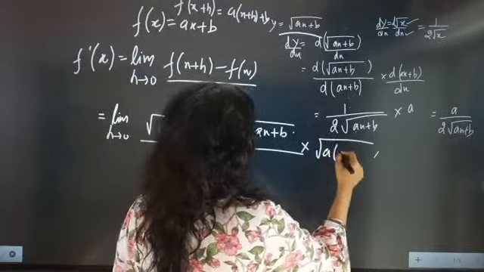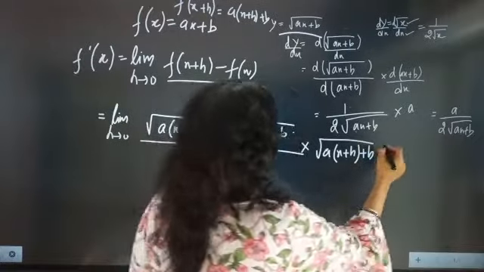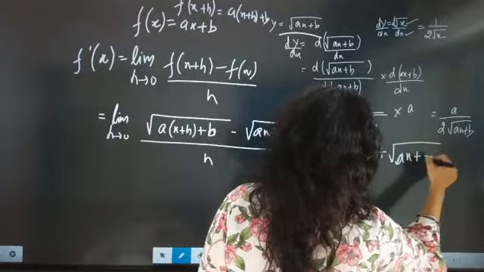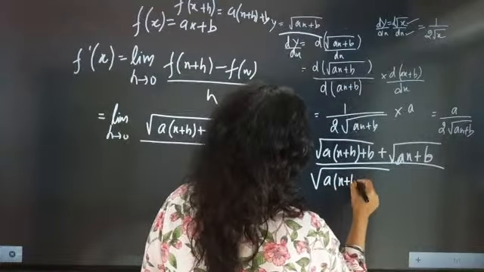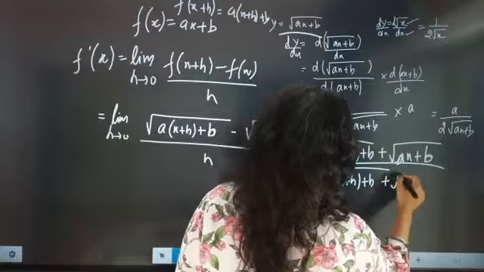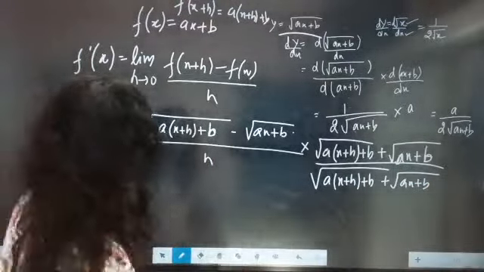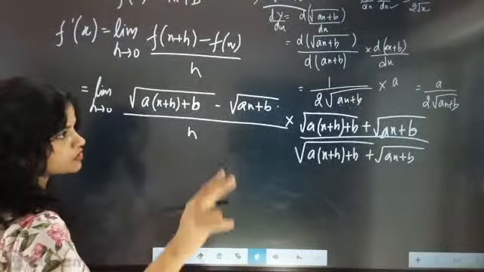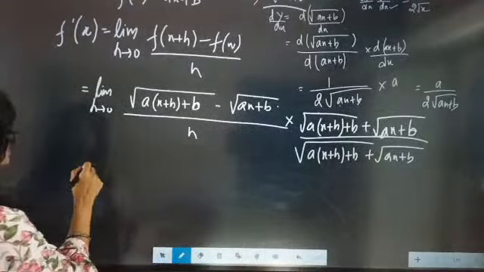It is going to be root under a(x plus h) plus b, and minus is already there, so root under ax plus b, by root under a(x plus h) plus b plus root under ax plus b. Once the ax plus b part is coming, the story is over, work over from here. Now only one step, because you know what answer is going to come, so we are just going to do the matchup work.